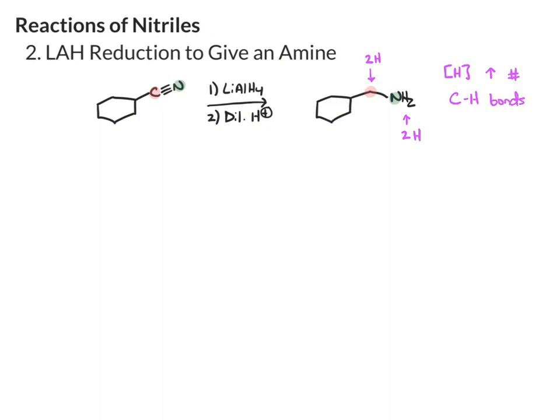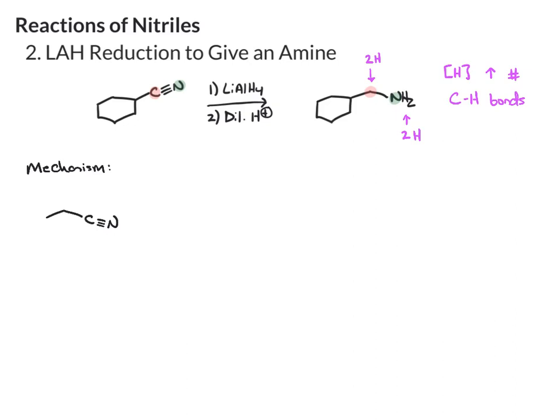So the mechanism for this, we can follow really what we learned before with LAH reductions. Because we're going to treat that CN pi bond a lot like we did a carbonyl pi bond. Just do a simple nitrile here.